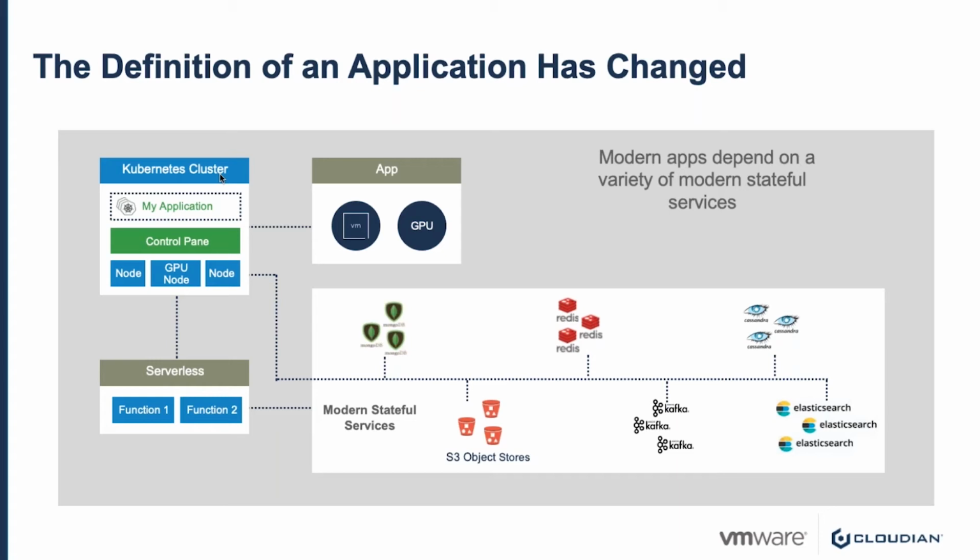What I mean by that is, unlike traditional applications that depended on a NAS or a SAN, these modern applications typically depend on object stores. Object stores offer a very easy way to consume storage with the S3 endpoint. And more importantly, they're extremely flexible in the way that they can be used, right?